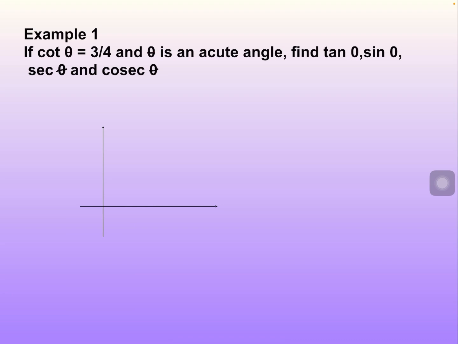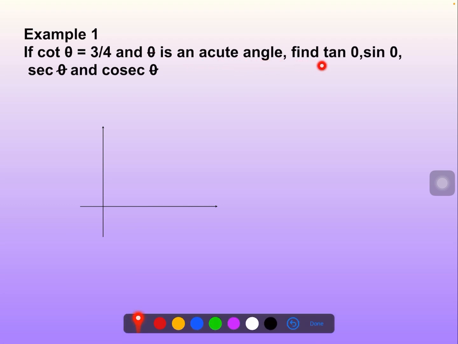Example 1. If cot theta is 3 over 4 and theta is an acute angle, find tangent theta, sine theta, secant theta, and cosecant theta. Solution. The given info is cot theta equals 3 over 4, and cot is 1 over tangent.